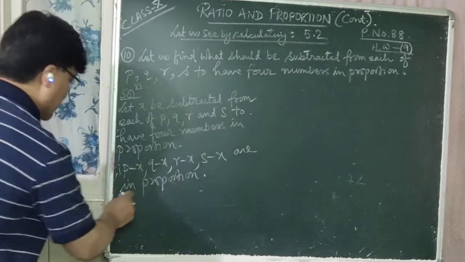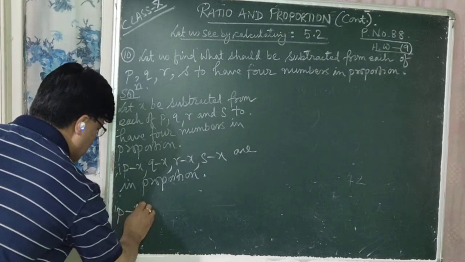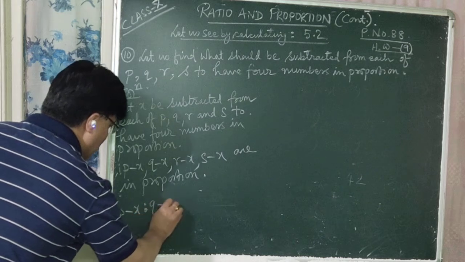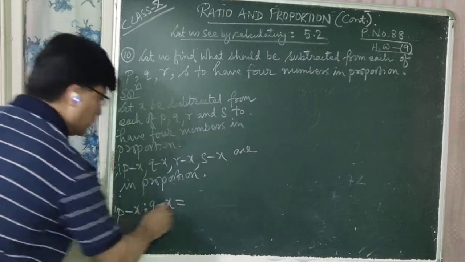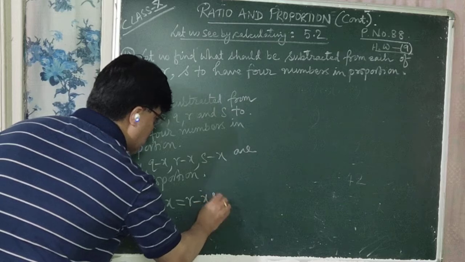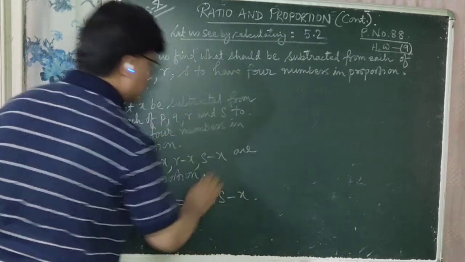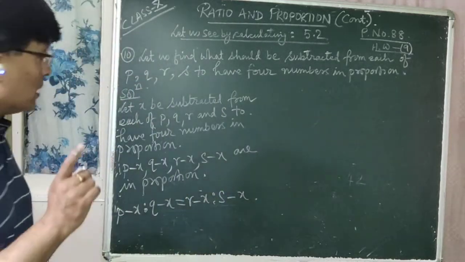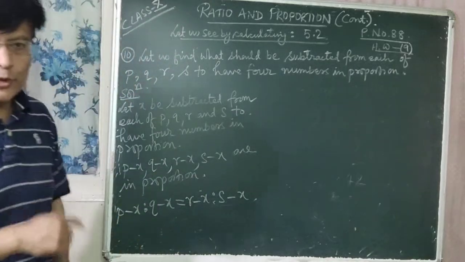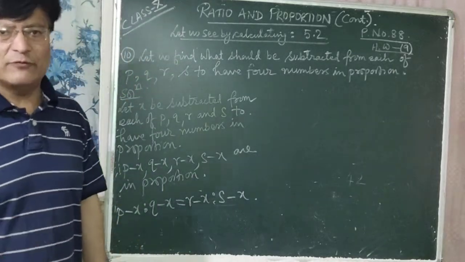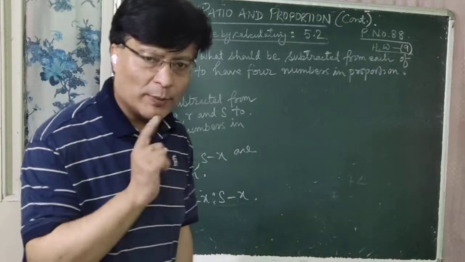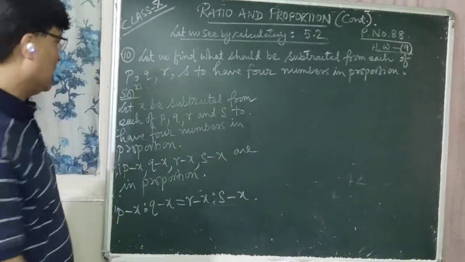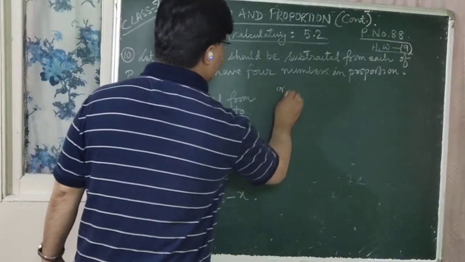That means you can write P minus x is to Q minus x is equal to R minus x is to S minus x. Now what will you do? You have to solve this equation to get the value for x, and the value of x will be the answer here. So this is in terms of ratio.